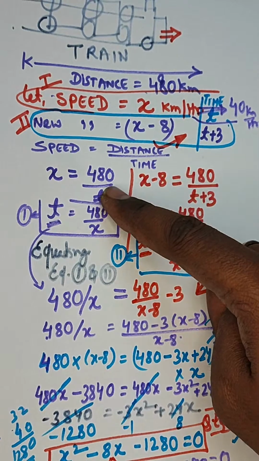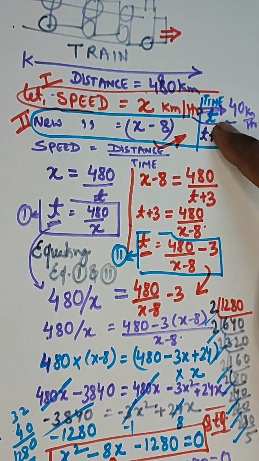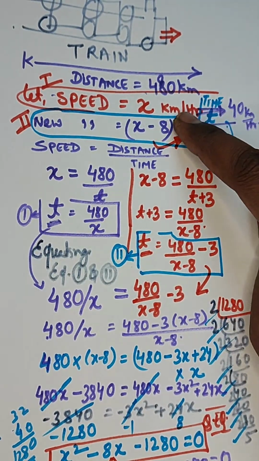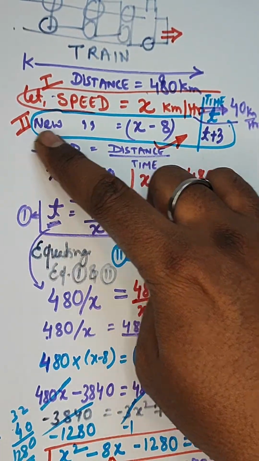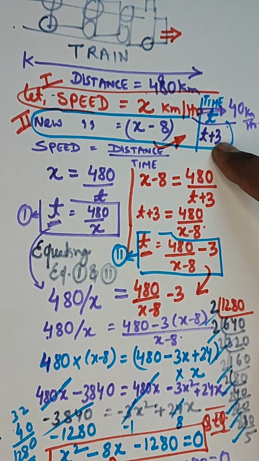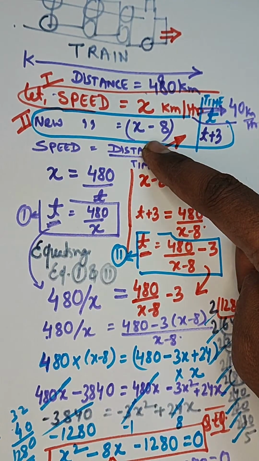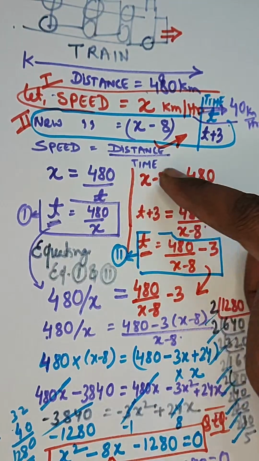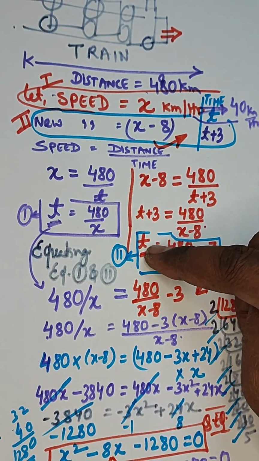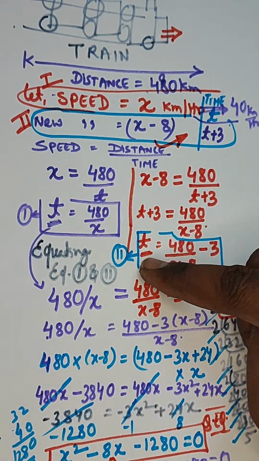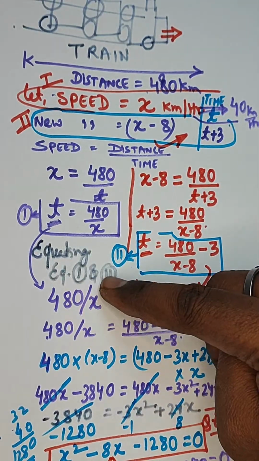So we created the situation that if t is the time taken in the first instance, then in the second instance the time taken would be 3 hours more, t plus 3, and the speed will be x minus 8, right? And we equated the values of t from equation number 1 and equation number 2.